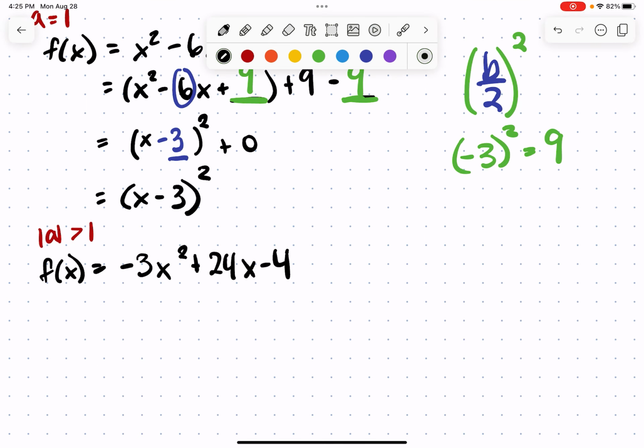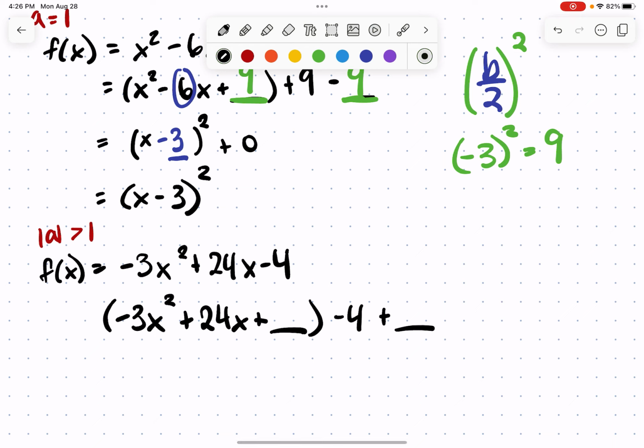So what we're going to do is group those first two terms like we would have if we were going to complete the square normally. I'll leave some space for something to be added in. We're not quite going to do that, but just so you recognize the parallels between the steps. And in this term, we're going to factor out this -3 from both the first and second terms.